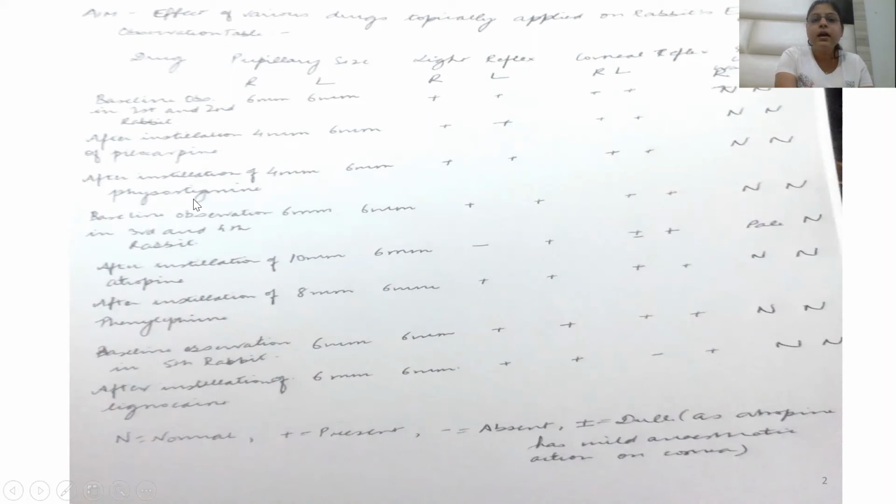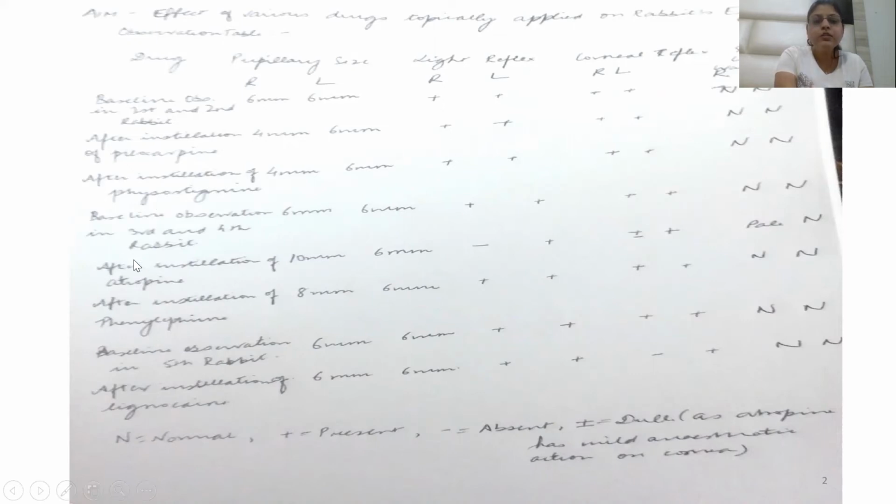Physostigmine, which is an anticholinesterase drug, inhibits the breakdown of acetylcholine. It also stimulates the M receptors in the sphincter pupillae muscles, leading to miosis. Light reflex will again be present, and corneal reflex will again be present.